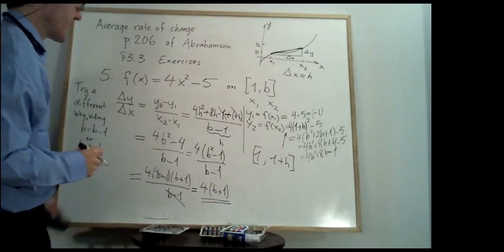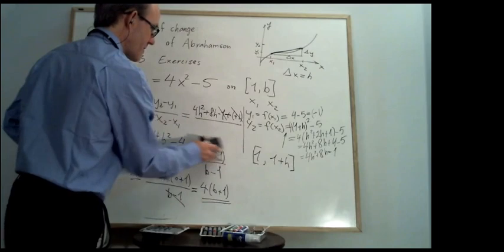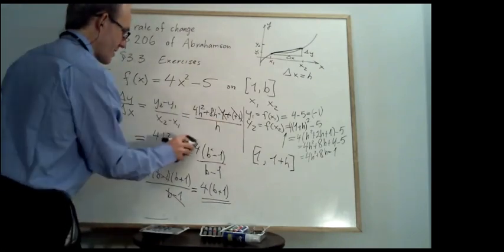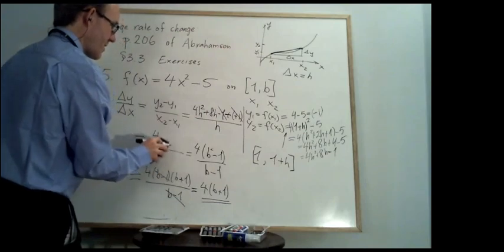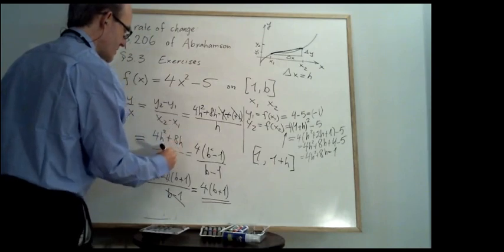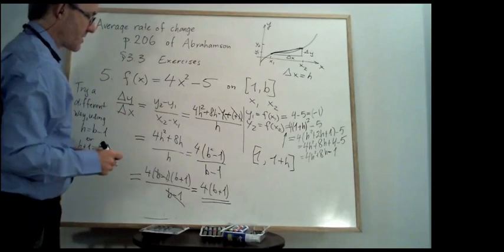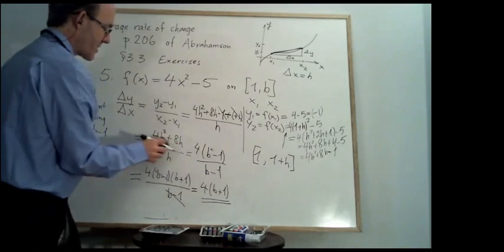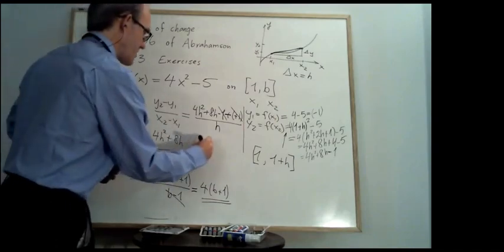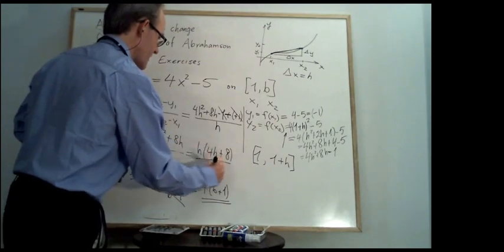So what do I have left over? I have h in the denominator. Let's just officially replace that with h. And I have 4h squared plus 8h here divided by h. So now it's easier to factor and cancel; I can factor the h out easily now. h times 4h plus 8 over h, that cancels.